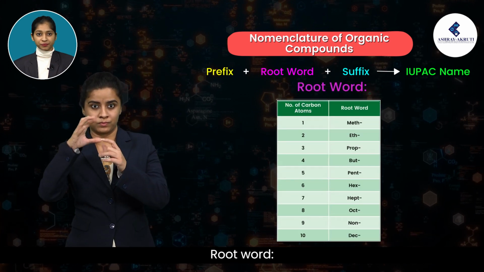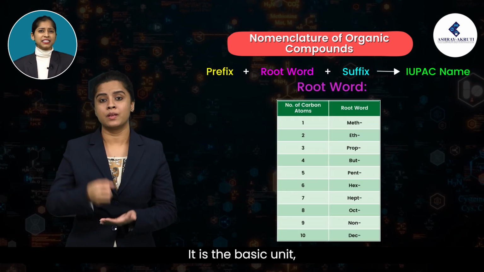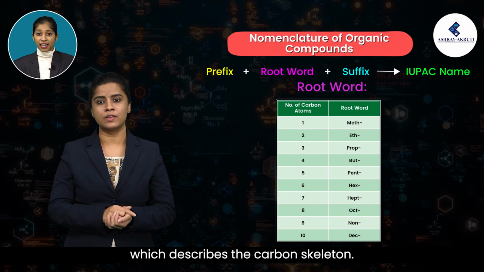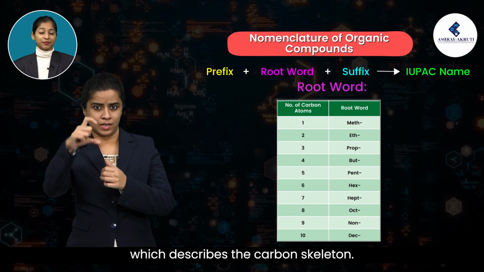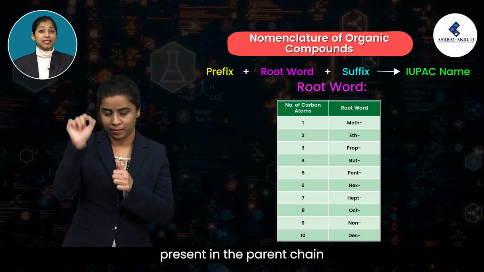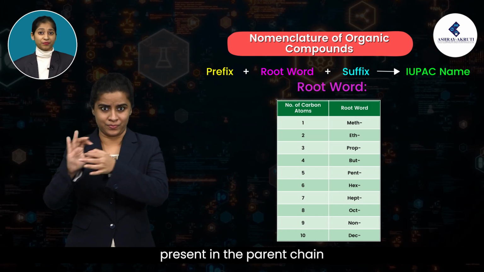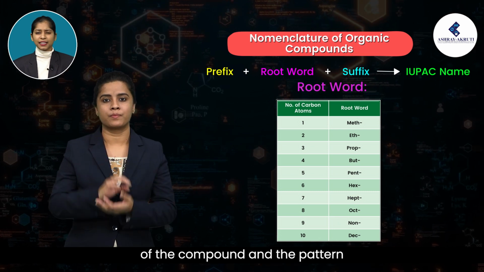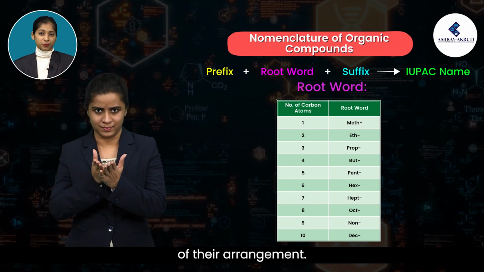Root word. It is the basic unit which describes the carbon skeleton. It gives the number of carbon atoms present in the parent chain of the compound and the pattern of their arrangement.